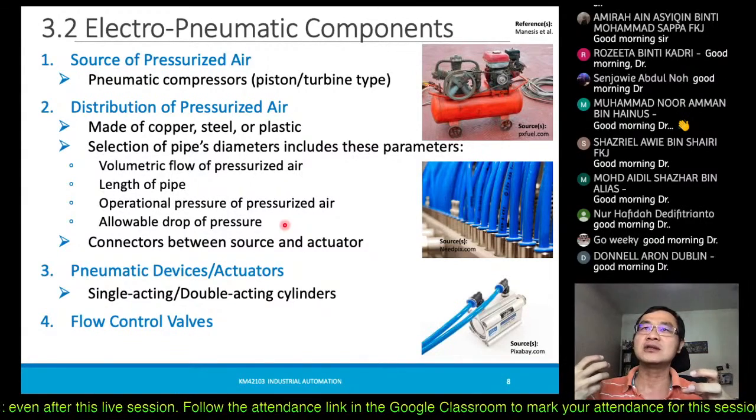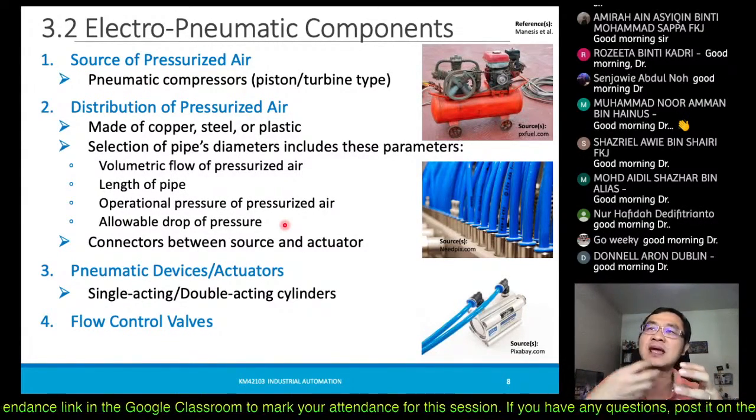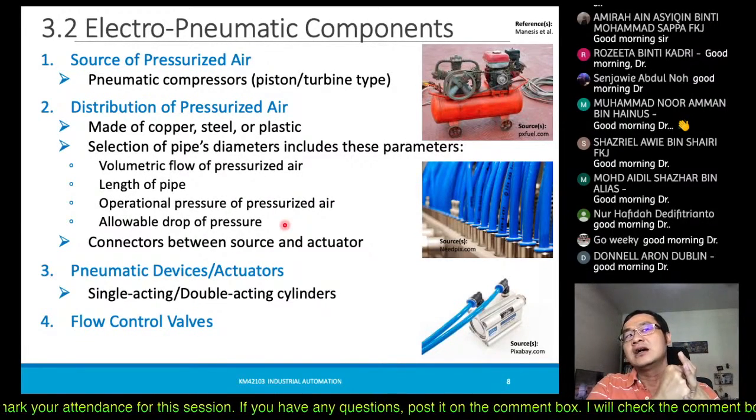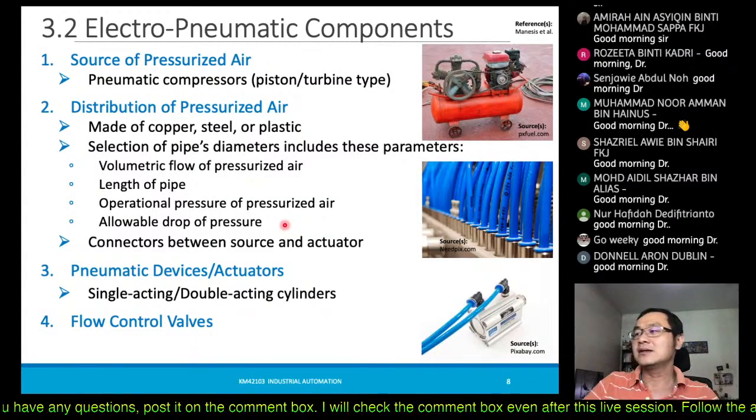Maybe it will still compress, it will just move at a slower speed, and in the end it may not reach the end or touch the limit switch as intended.